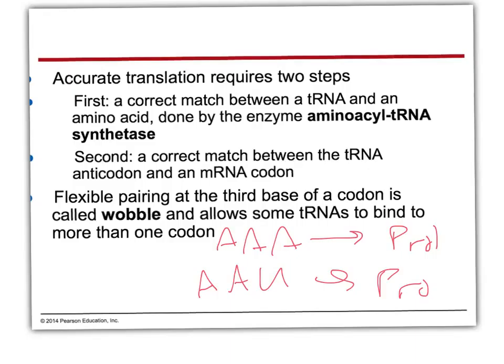Not really, because they should be bringing in the same amino acid, right? So that's an example of flexibility. If there's only one codon that codes for a particular amino acid, that flexibility tends not to be present. That flexibility is removed.